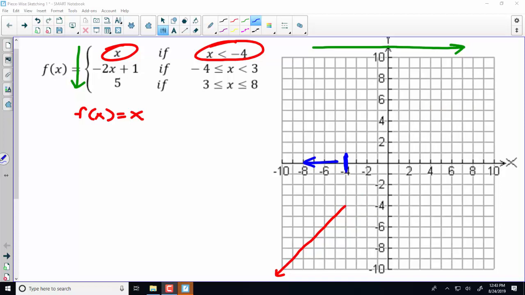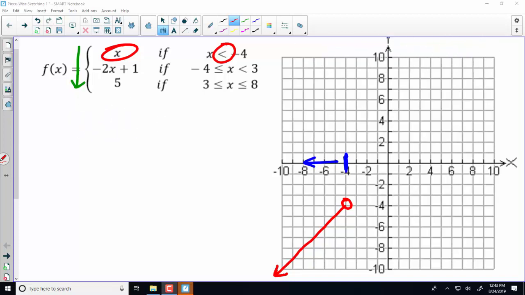We do want to keep our arrow down here, because since it just says less than -4, the graph does keep going to the left forever, but then once we actually get up to the -4 here, because you will notice there is no equal to on this less than, we put a hollow point. So that is the graph, f of x equals x, but strictly limited to the interval x values less than -4. And that's actually the first piece of our piecewise function.